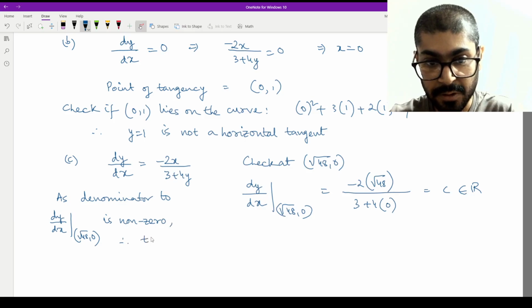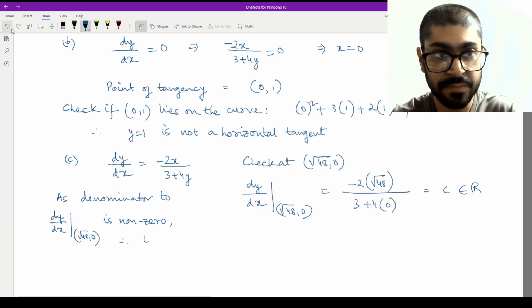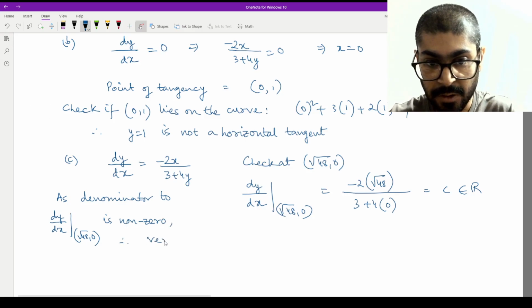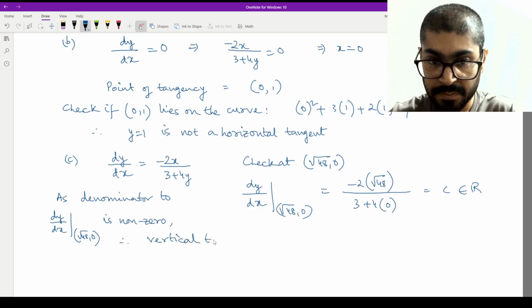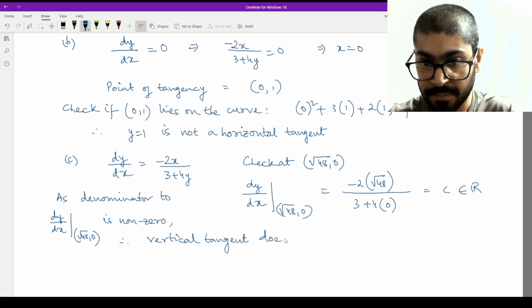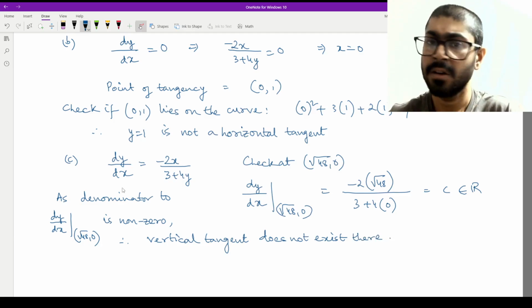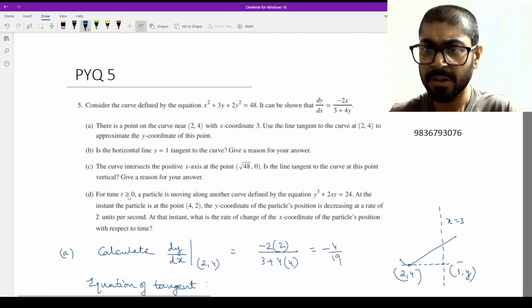Therefore, vertical tangent does not exist at that point. That's enough. So this was accepted as the official answer and we'll leave it there.